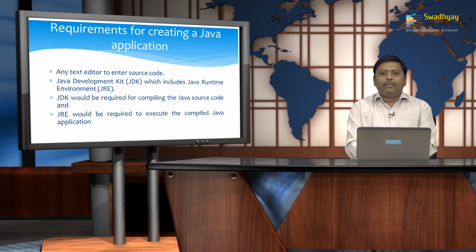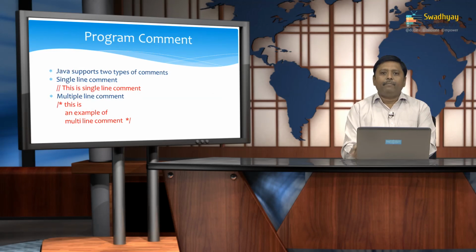So, the requirement for creating a Java application is any text editor or IDE, and with these you must have the Java development kit and Java runtime environment installed on your system. Remember, JRE is only for executing your application and JDK is used for developing your application. So, these three are the basic requirements for creating a Java application.